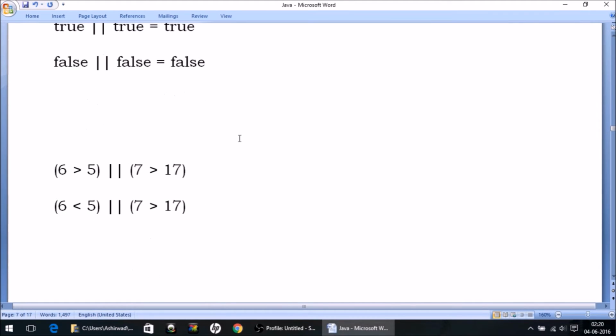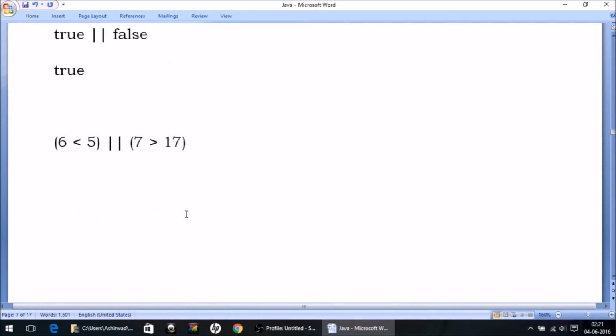Okay, let's take an example. 6 greater than 5 is true. We write OR. 7 greater than 17? No, it is false, so we write false. Since we have got one true, we don't have to look at the rest, we can conclude that the ultimate result is going to be true.